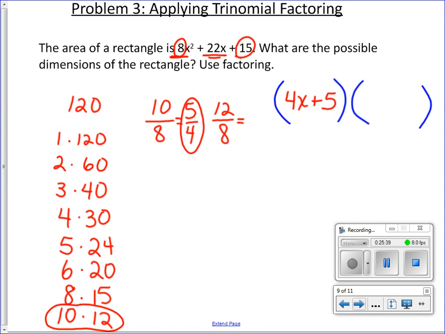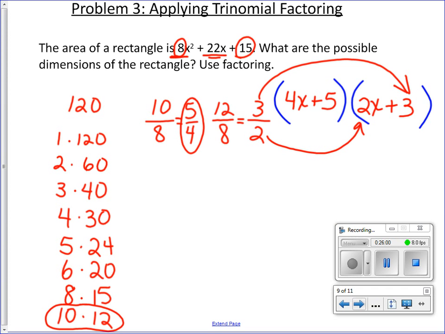Reducing 12 over 8, 4 will go into 12 3 times and 4 goes into 8 2 times. So our second factor, using 2 as the coefficient of our x, would be 2x plus 3. Notice the 2 becomes the coefficient of the x, and the numerator, the 3, is what is added on. The same is true with our 4.